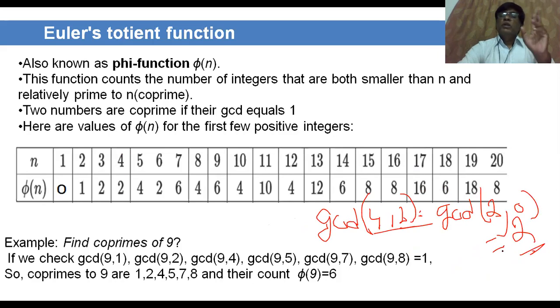That's why the co-primes of 4 are 1 and 3 only. So phi of 4 is equal to 2.